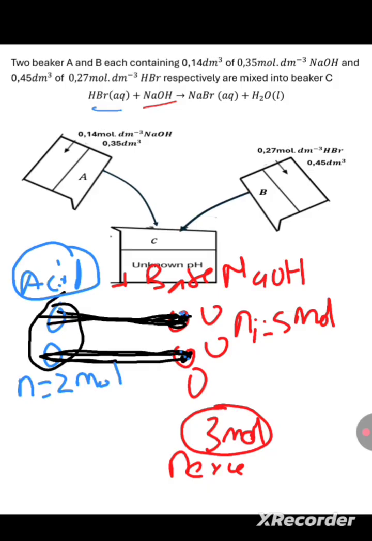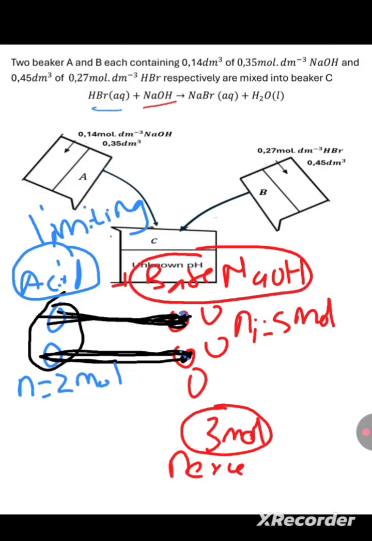So in this case, the acid is what we call the limiting reagent, whereas the base will become the excess reagent. It will be in excess, and the number of moles in excess is 3.